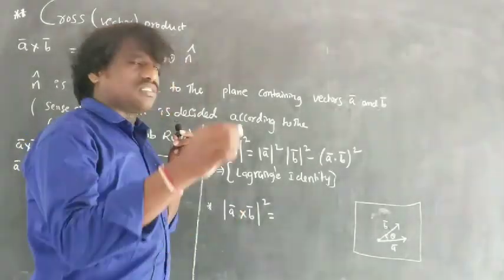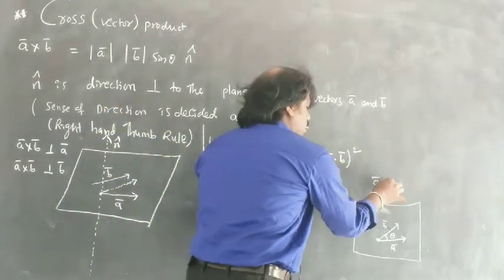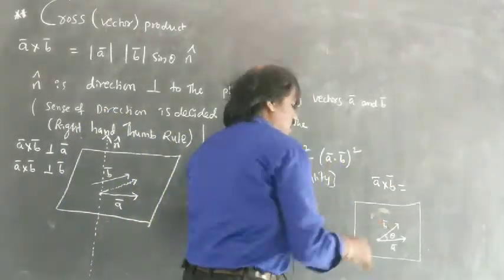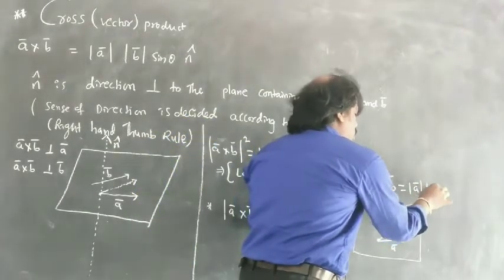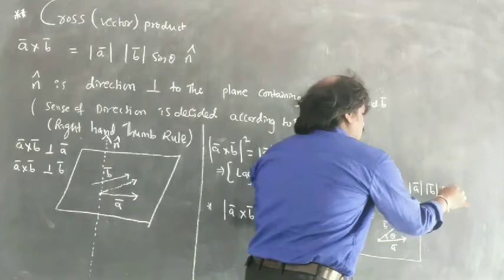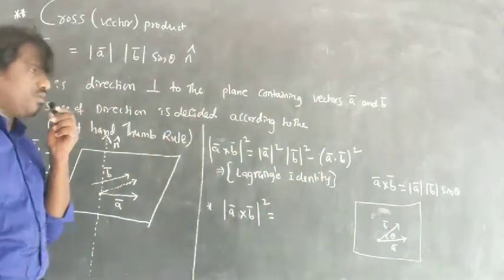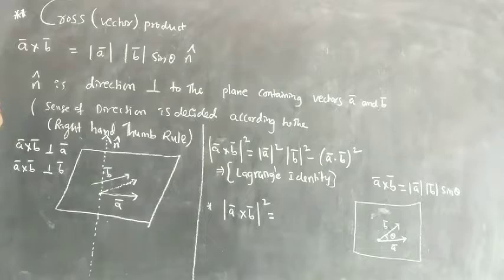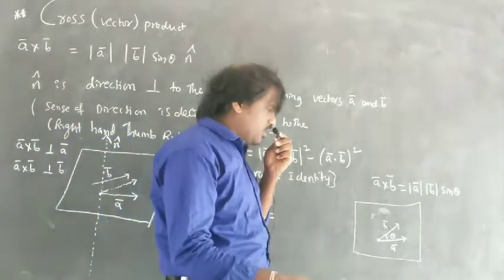Then we say A cross B is equal to mod A mod B sin theta. This is the magnitude.